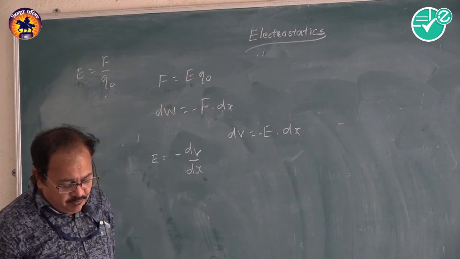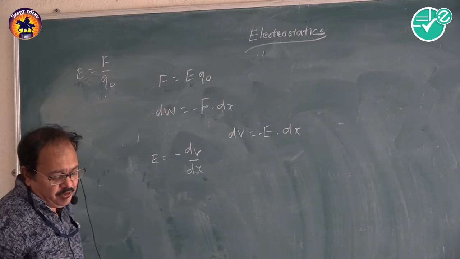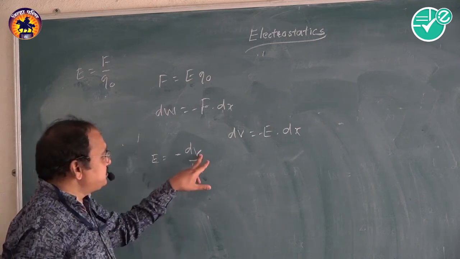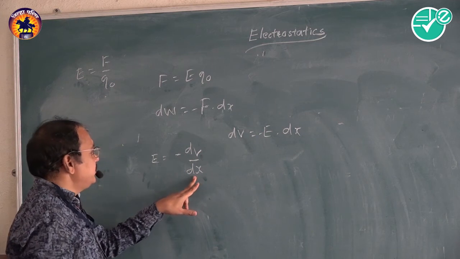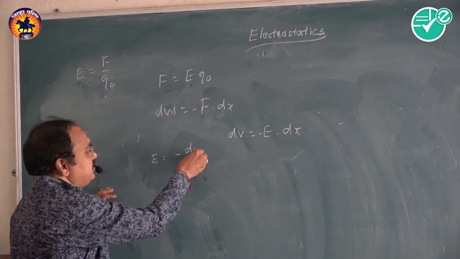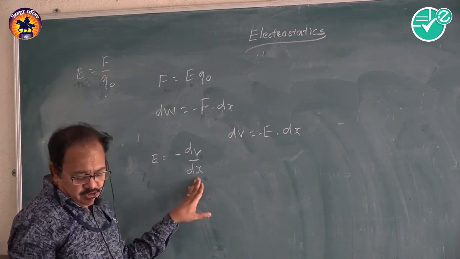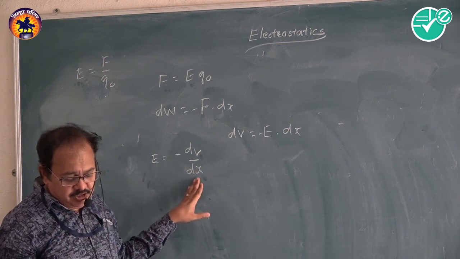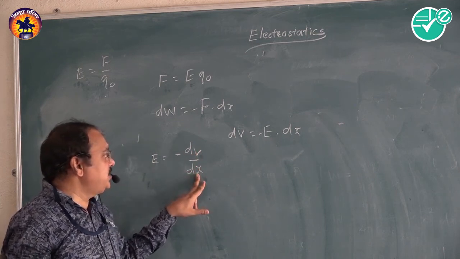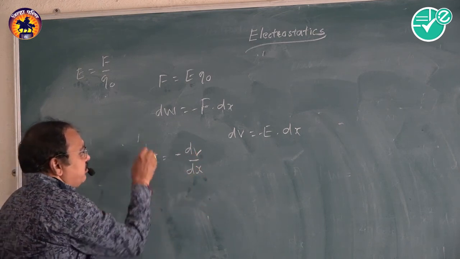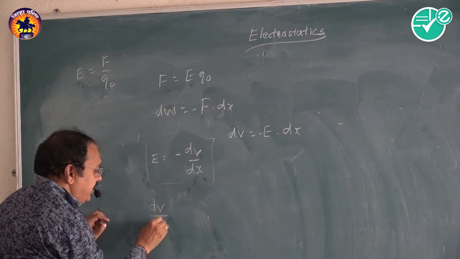Here dV is a small change in potential over the distance dx, a small difference in potential over a small difference in distance. This quantity dV upon dx, or simply dV by dx, is very important.